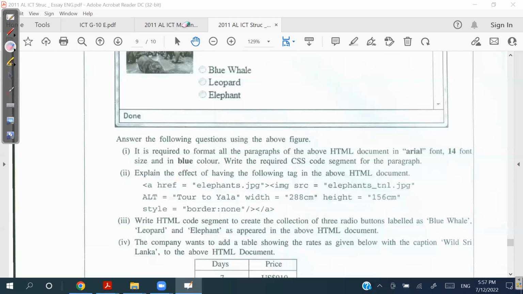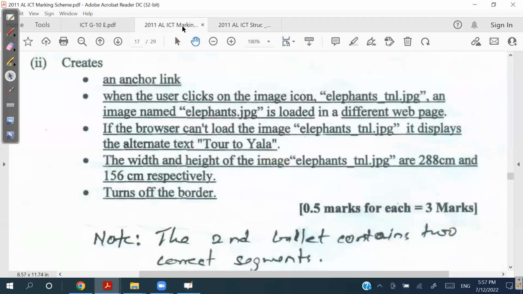So look at the marking itself. Yeah, these underlined things must be there, right? It's an anchor link.